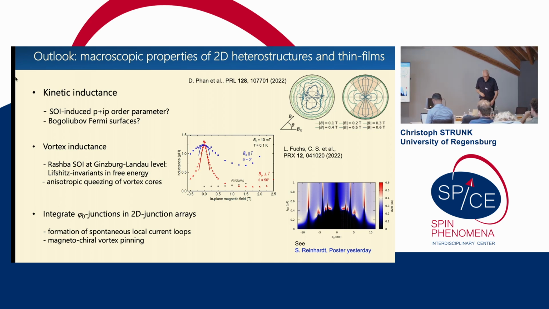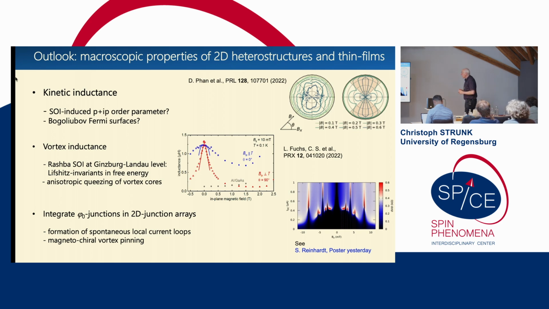And in case of vortices, I must say pinned vortices, which are immobile and therefore invisible in the DC resistance. So if you have a current passing such a pinned vortex, there is a Lorentz force which displaces the vortex out of the potential minimum. And if you make a quadratic approximation of the potential minimum, you find that there is a quadratic contribution to the energy. And there is a vortex inductance which measures the curvature of the pinning potential.